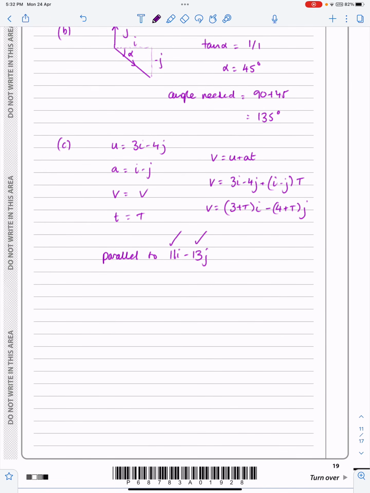That gets a bit complicated. So an easier way of saying it is to look at the ratios and to say, if we do -13 over 11, this divided by this is going to be the same as this divided by this. So it's going to be the same as (-4 + t) divided by (3 + t).